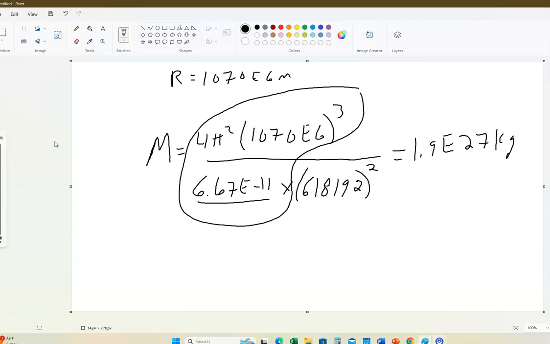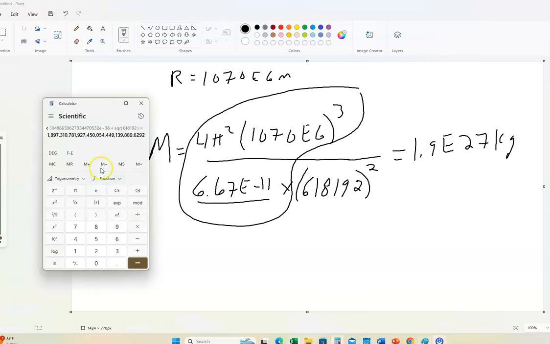Now, how do you count the decimals here? Let's go back to my calculator. This is why you need a calculator that will change to scientific notation automatically. But look, if I divide this very large number in my calculator by 1 times 10 to the 27th, I'll get 1.897. Let me just show you this, to prove it.